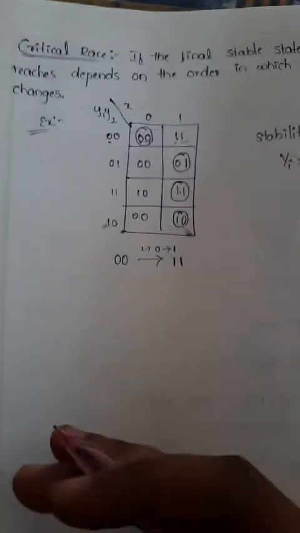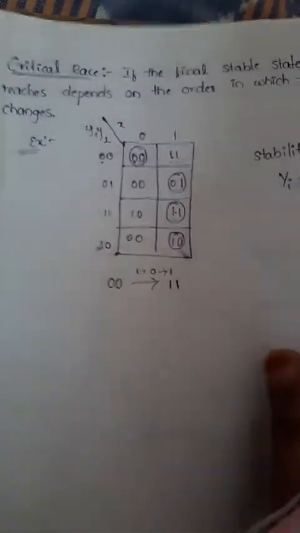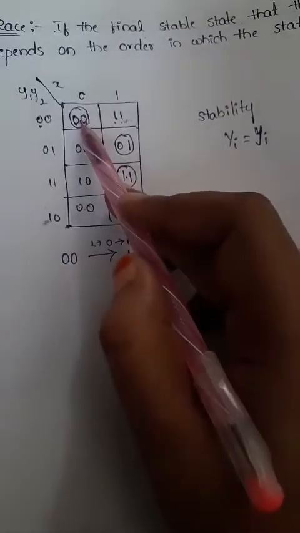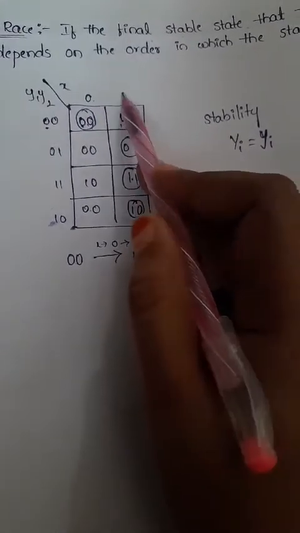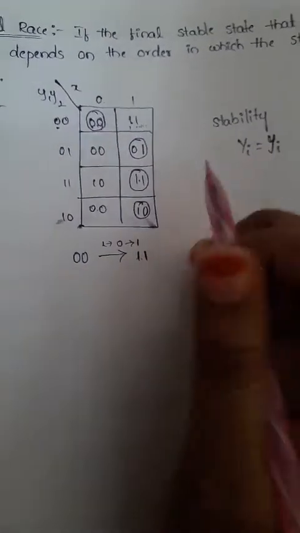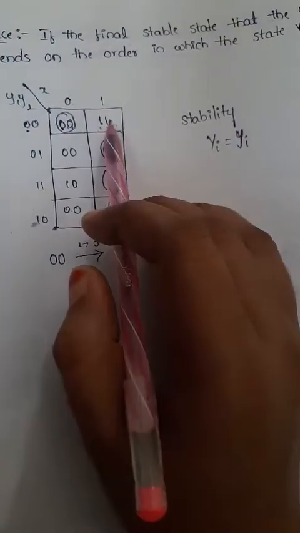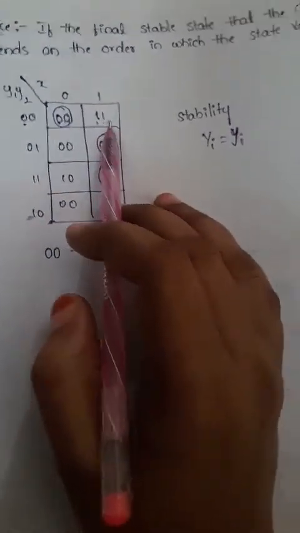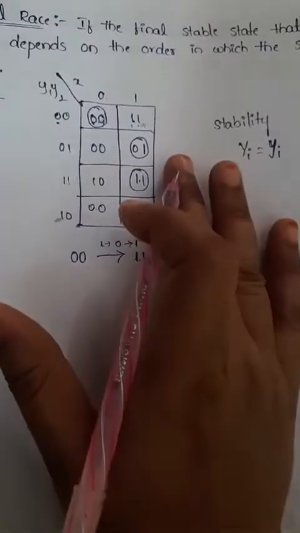The same procedure we followed in the non-critical race is applicable here also. So for 0 0, for the input change from 0 to 1, we'll get the output 1 1. So now after some time, a delay will occur.